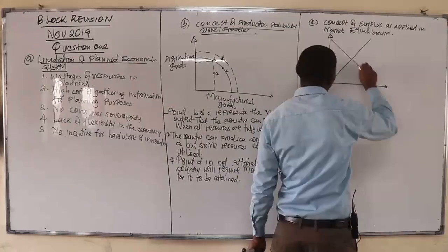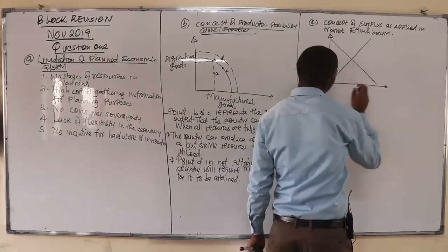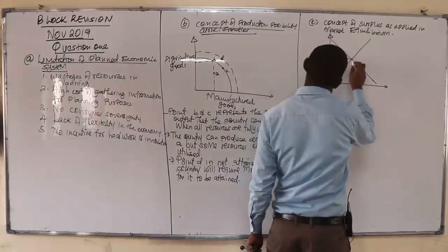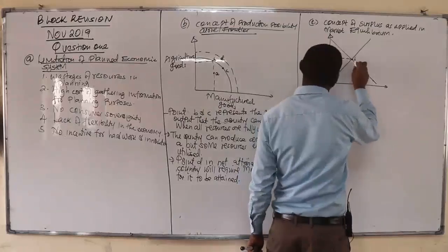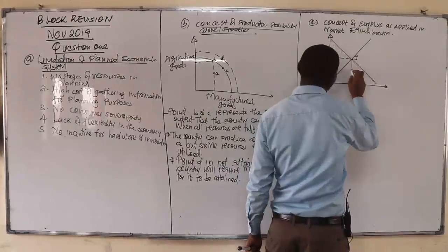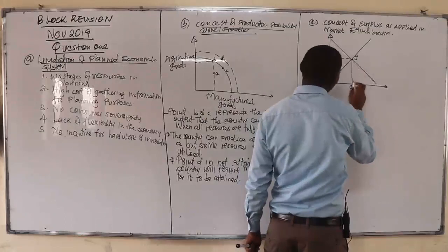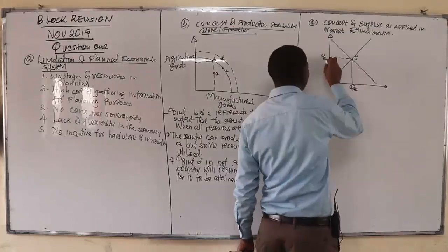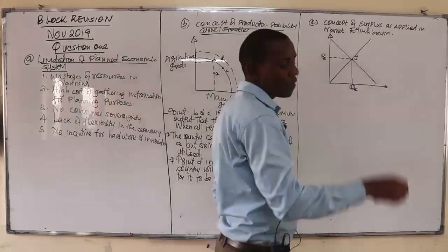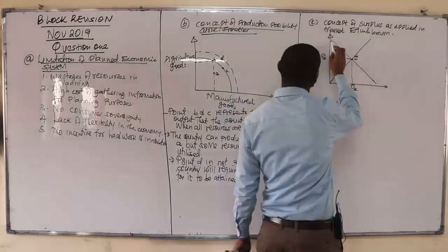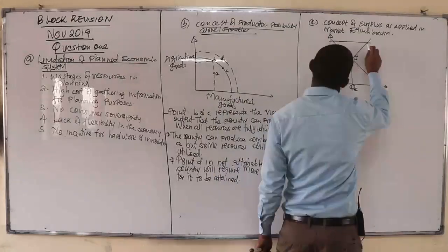Stable equilibrium. On the stable equilibrium, this is the equilibrium point, this is the equilibrium quantity, and that is the equilibrium price. So in this case, this is whereby the supply is going to be more.